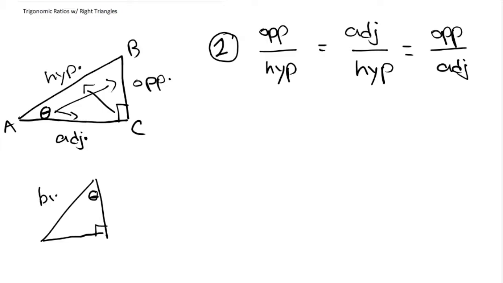This would still be the hypotenuse, right? But in this case, this would be adjacent. This would be opposite because it's opposite from the theta angle, and this would be adjacent. So you have to reference all of your sides based on the theta angle and the right angle as well.